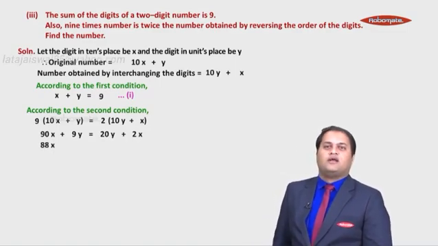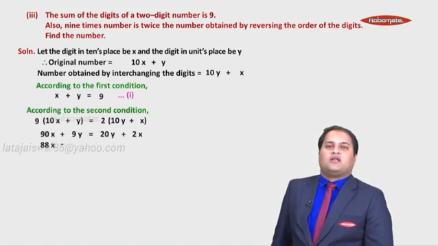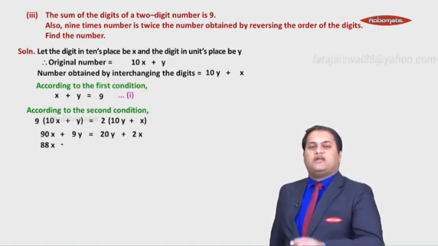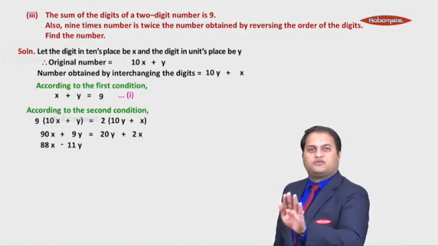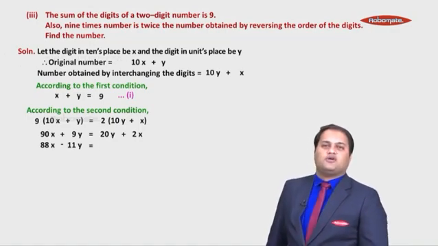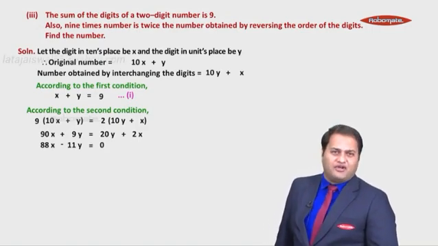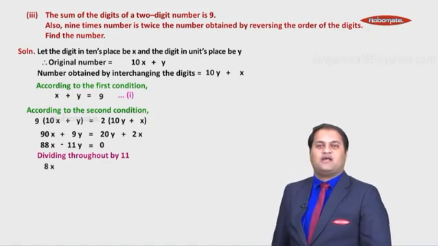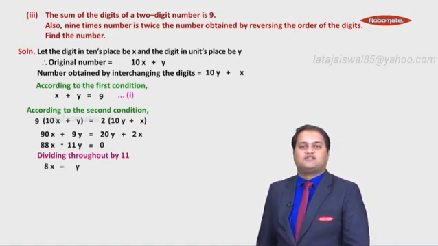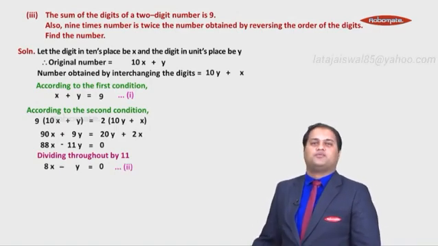What do we get? 90x minus 2x, that is 88x, and 9y minus 20y will become minus 11y, bringing all the right hand side terms to the left hand side, is equal to 0. You can simplify this further. 88 and 11, 11 is a common factor, so dividing throughout by 11, we get 8x minus y is equal to 0. Let this be equation number 2.